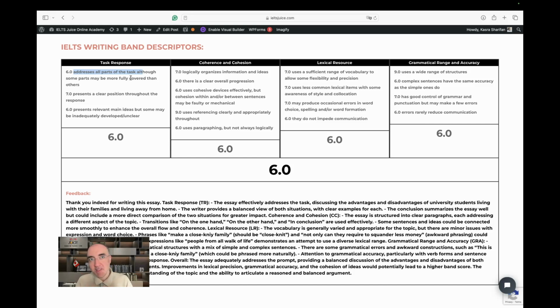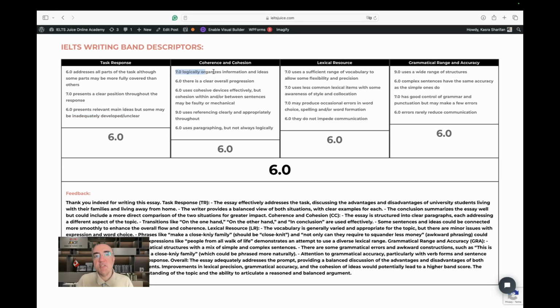Even in the merits, I saw 1 merit that wasn't developed very well. So the development which goes here, some of these ideas, it doesn't matter how many, even one of them is inadequately developed. That calls for 6.